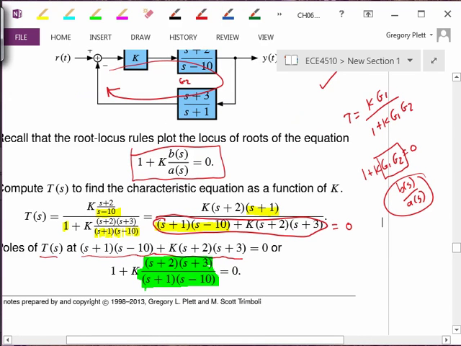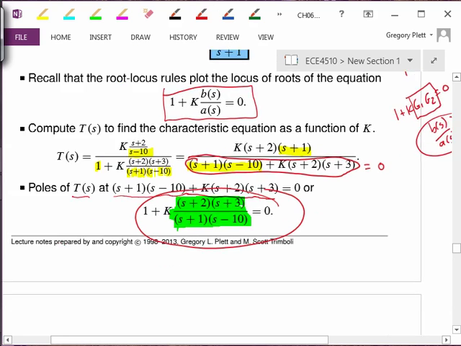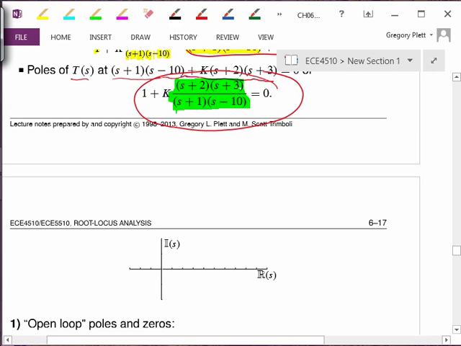So in any case, we're working with this. That's what we want to find. Where do the poles go as K changes from 0 to infinity? Well, we can start by putting the open loop or the loop poles and zeros down. And we notice we have a 0 at s equals minus 2.